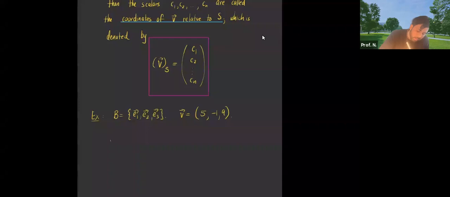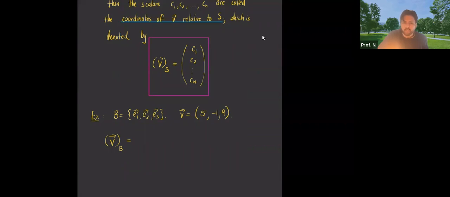What's going to be the vector with respect to B? What's going to be that vector with respect to my standard basis? And this is what we've been using till now, or is it different?